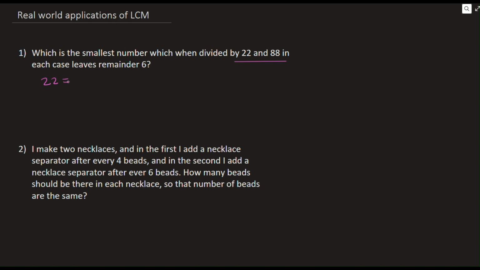So I write down the prime factorization of 22. 22 equals 2 times 11, and 88 equals 8 times 11. So LCM equals 2 times 8 times 11, which equals 16 times 11. So this equals 176.